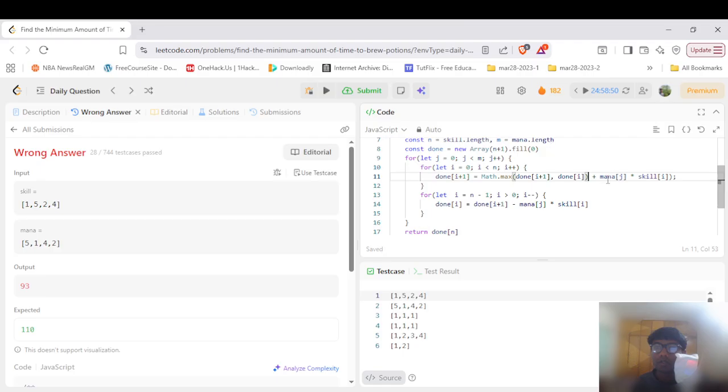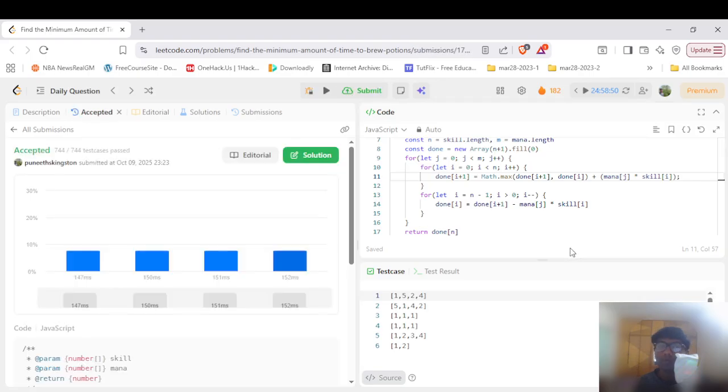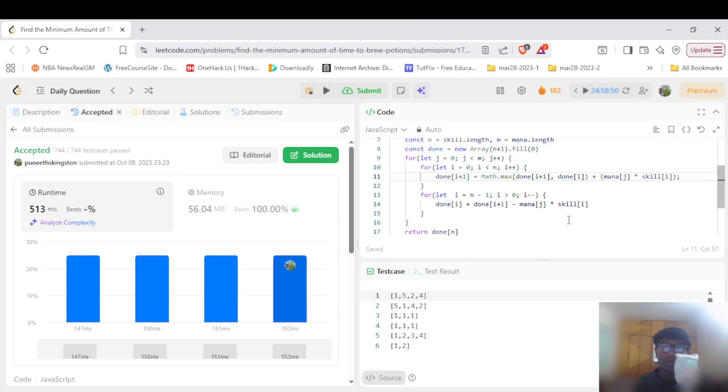Okay, this should be the right way to do this. As you can see, the solution gets submitted.